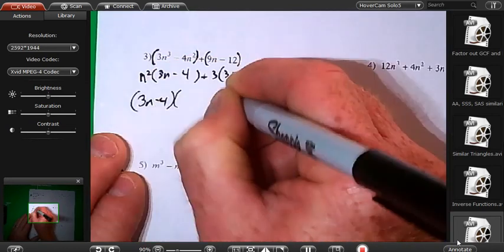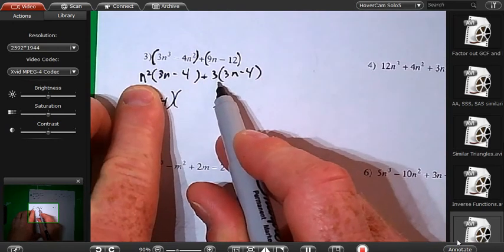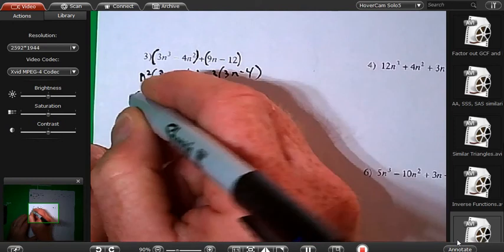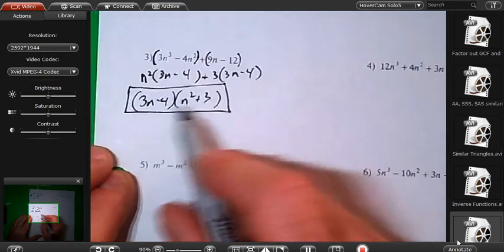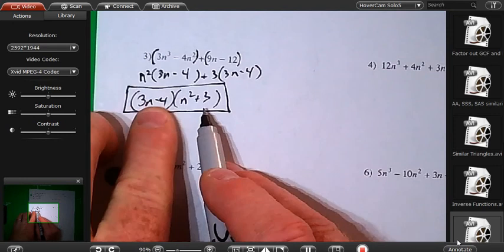And what's left, when we factor it out, is n squared plus 3. So our final answer is this product of binomials. You don't have to expand it or anything. If you expanded this, you would get back to where we started. We want the factors. These are the factors.